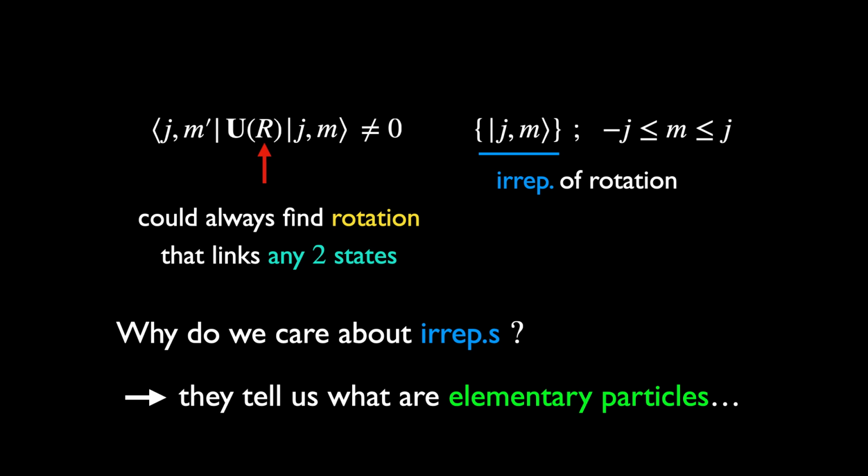For example, the spin of an electron can point in different directions, but it remains as an electron. Therefore, all these different spin states that can rotate into each other have to be associated with the same particle, whereas different irreducible representations can rotate independently. Therefore, it makes sense to associate them with separate particles.